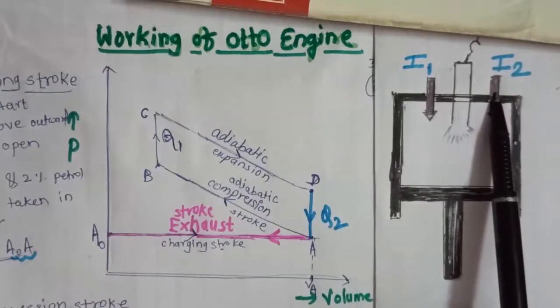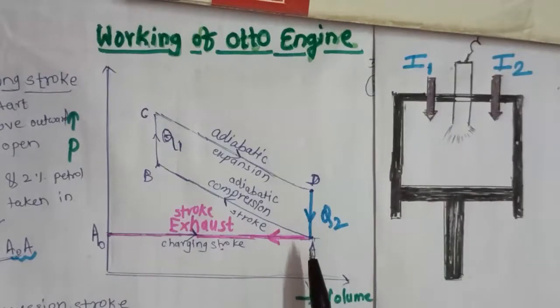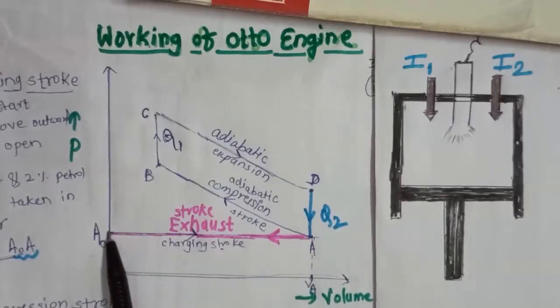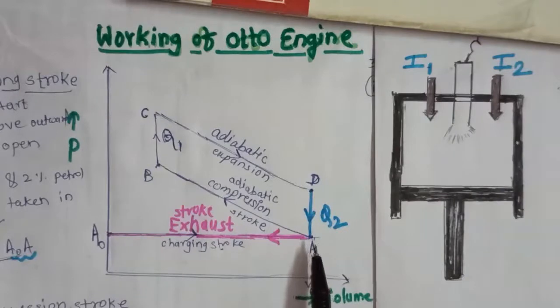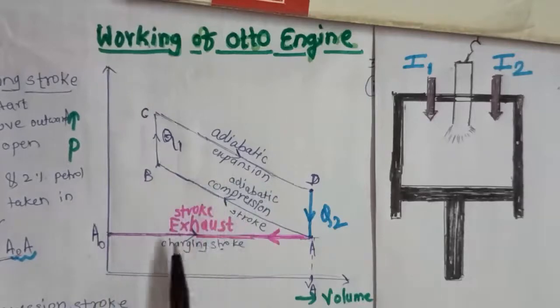I2 is the outlet valve, and this exhaust stroke is represented by line A to A0. Volume changes from VA to 0. The original state is restored and the cylinder is ready for the next cycle. This is the working of the Otto engine.